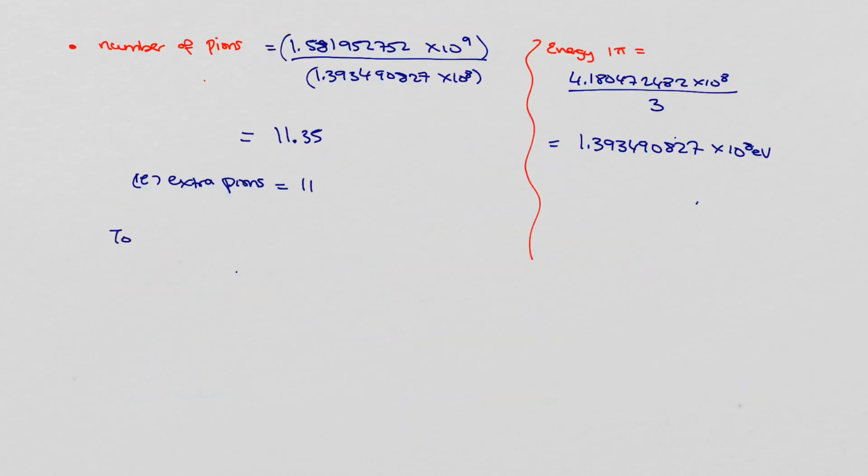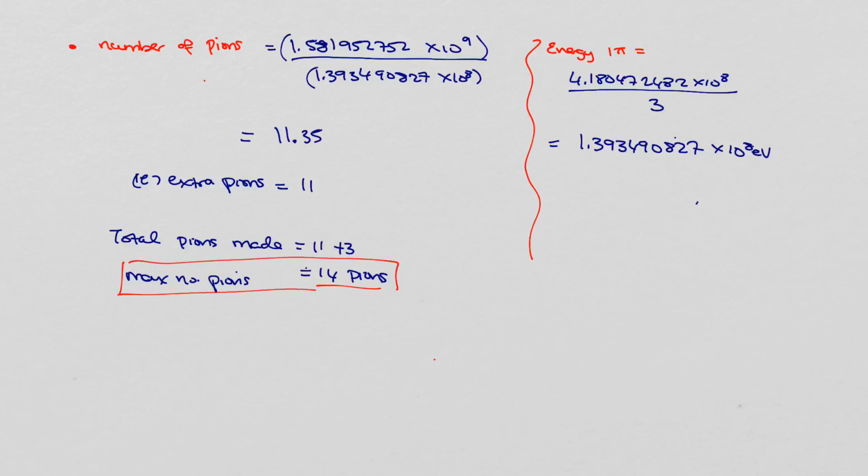So the total pions made would be 11 plus the 3 already made, which gives us 14 pions in total. So that's the maximum number. So we had 3 marks for working out the 11 and 3 for getting our maximum number in total. Okay, so nice question.